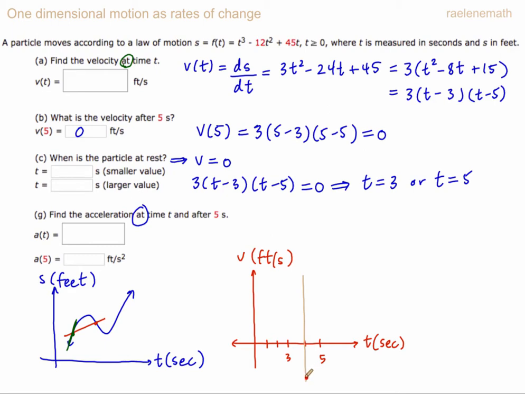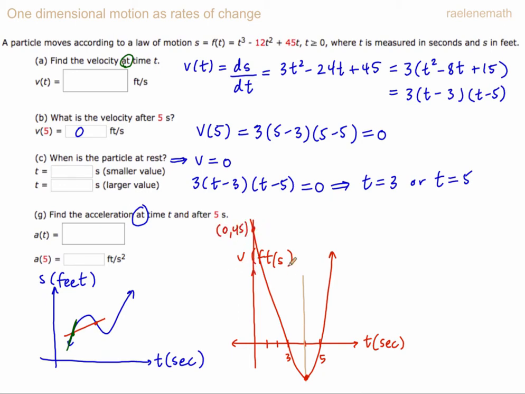So at 4 seconds I have a velocity of negative 3, and at 3 and 5 seconds I have a velocity of 0, on a concave up parabola. Now I haven't sketched it very well, but certainly I'm going to have a velocity intercept over here at 45. And so I'll just tidy that up and imagine that somewhere along here I have a velocity intercept at 45.